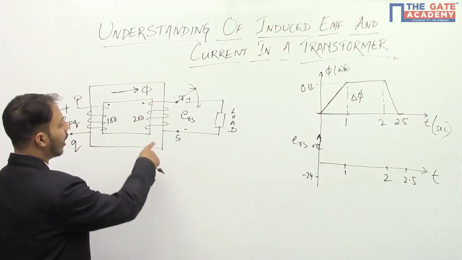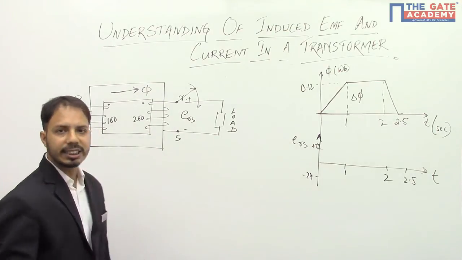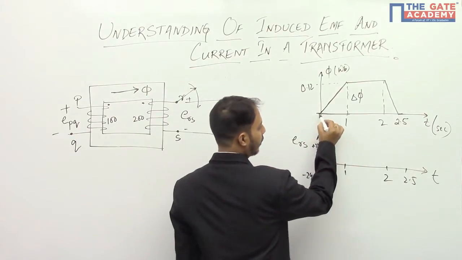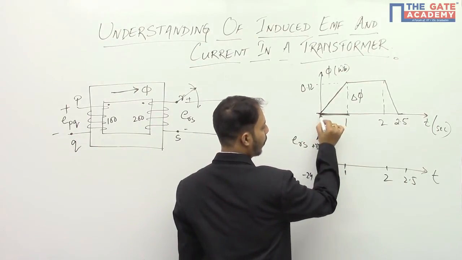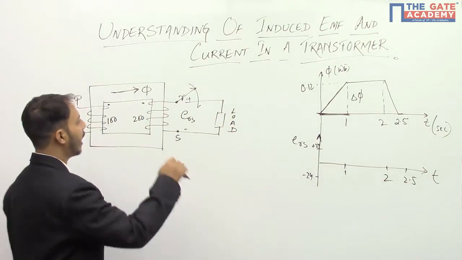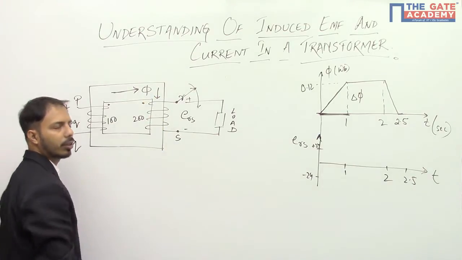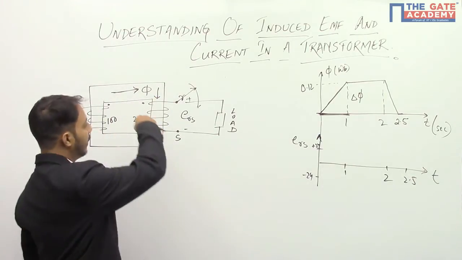And this secondary flux will be opposing the change in the primary flux. So now you see, the flux produced by the primary is this phi, and it is increasing in this direction.